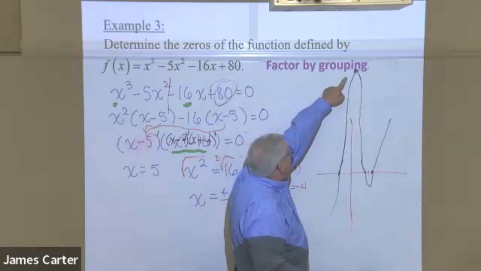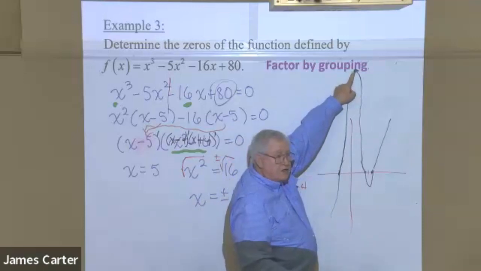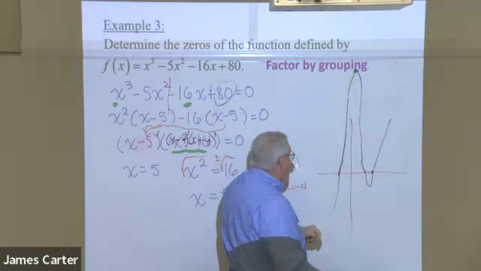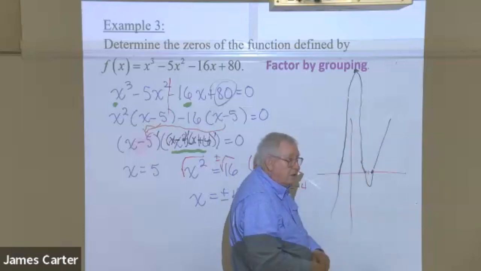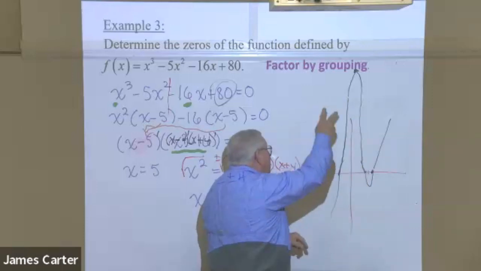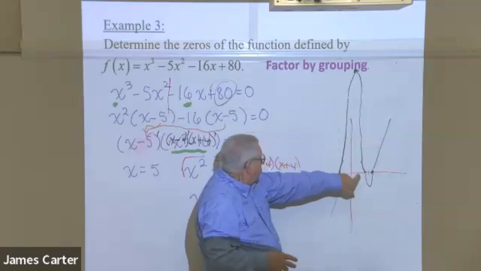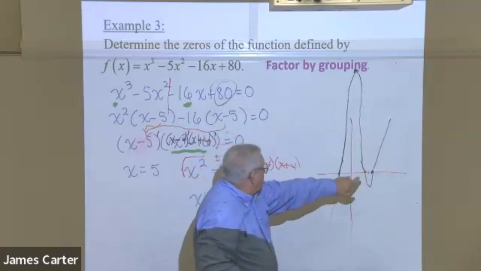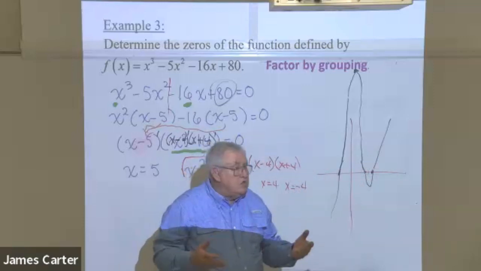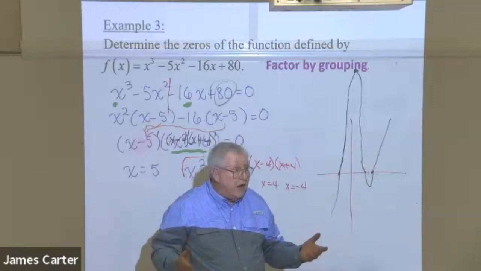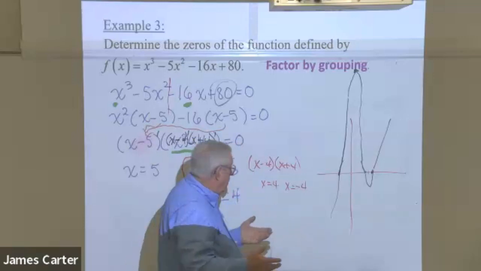Now, I cared about this one because it happened to be the y-intercept, because those two were the same distance apart. And usually it's going to be close to symmetric between these two and between those two. Not always, not exactly, but close enough for a sketch graph.